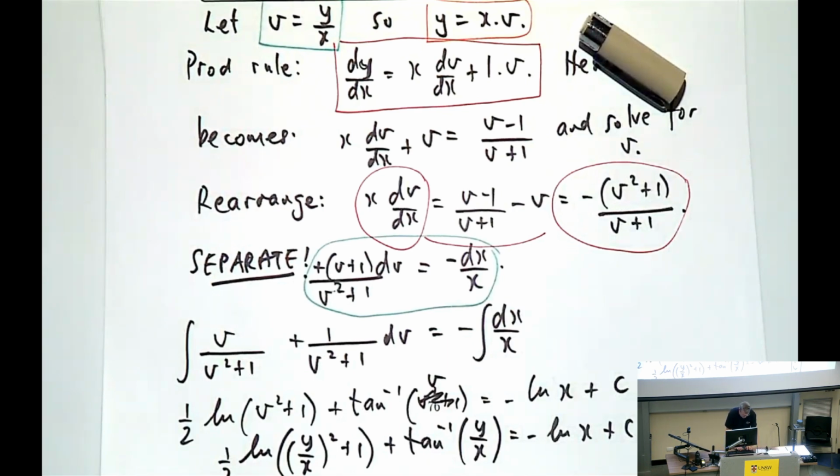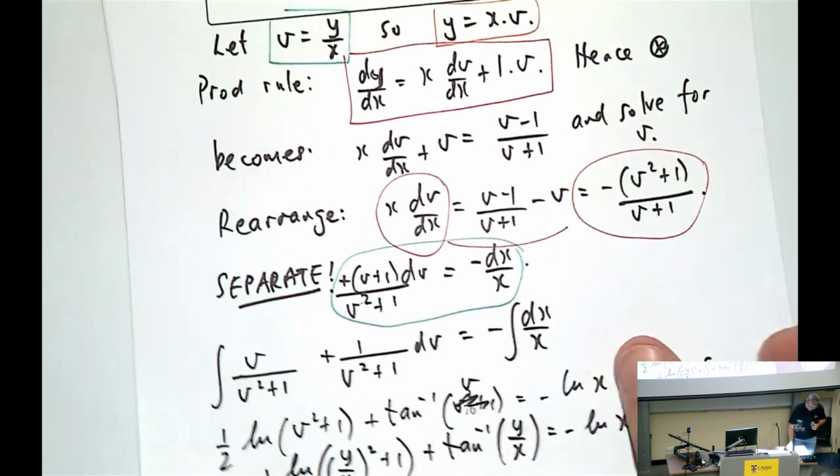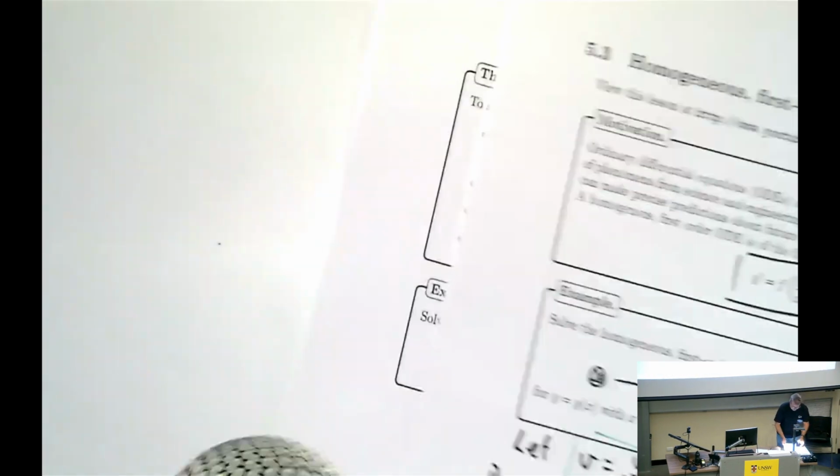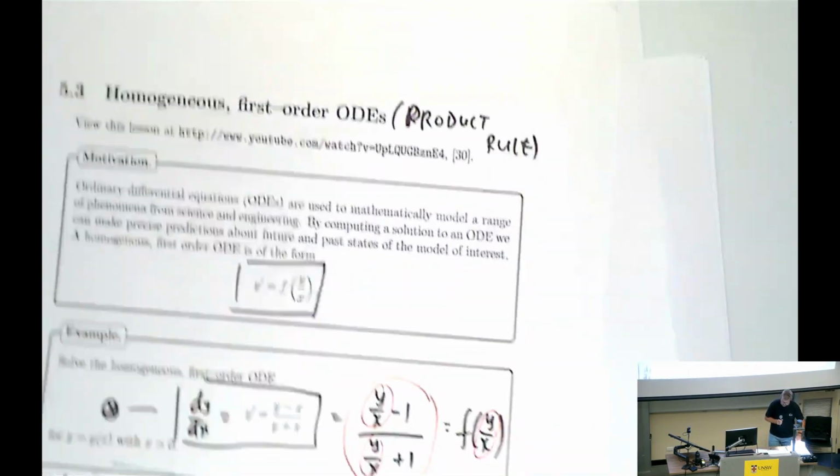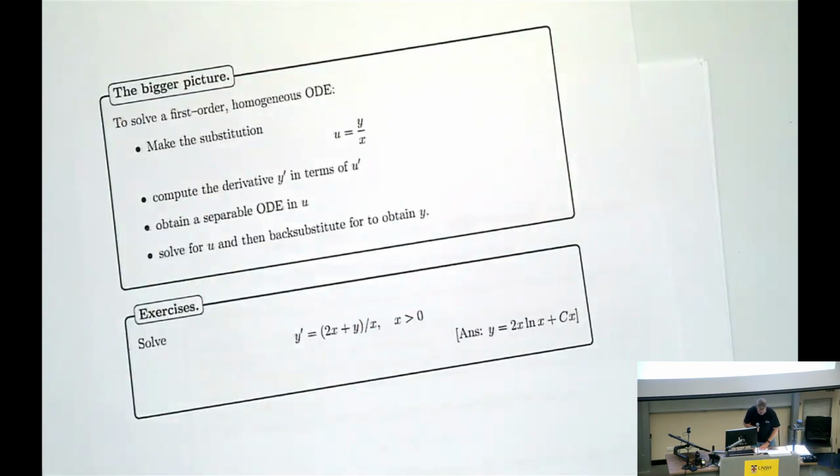So let's play a little game. Ooh, someone's seen homogeneous. All right. So here are the main forms, right? Just give me a second.